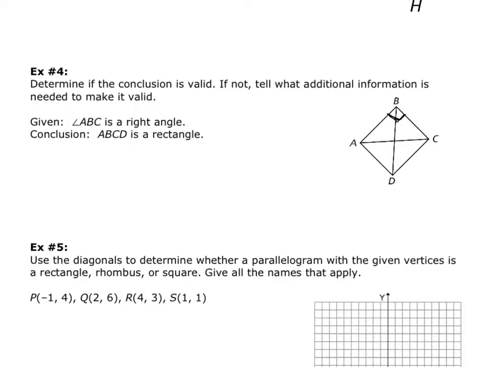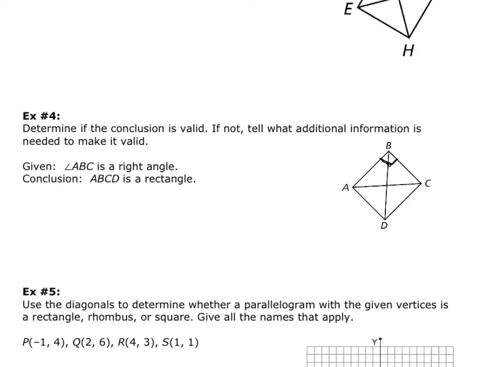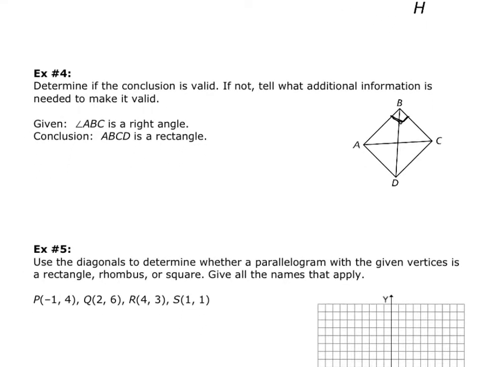We know that ABCD would be a rectangle if it is a parallelogram and if it has one right angle in it. And we know that it has one right angle in it, of course. But does it give us enough information to say that it's a parallelogram? Afraid not.